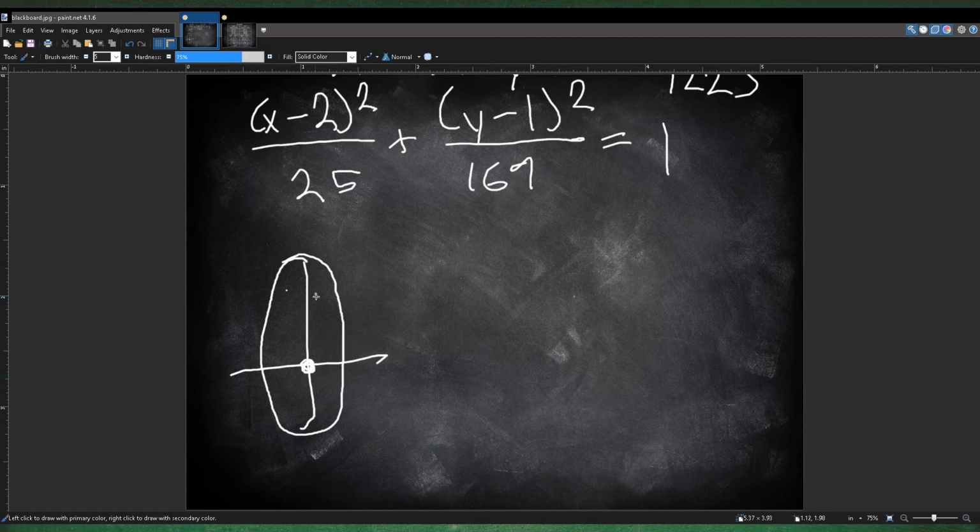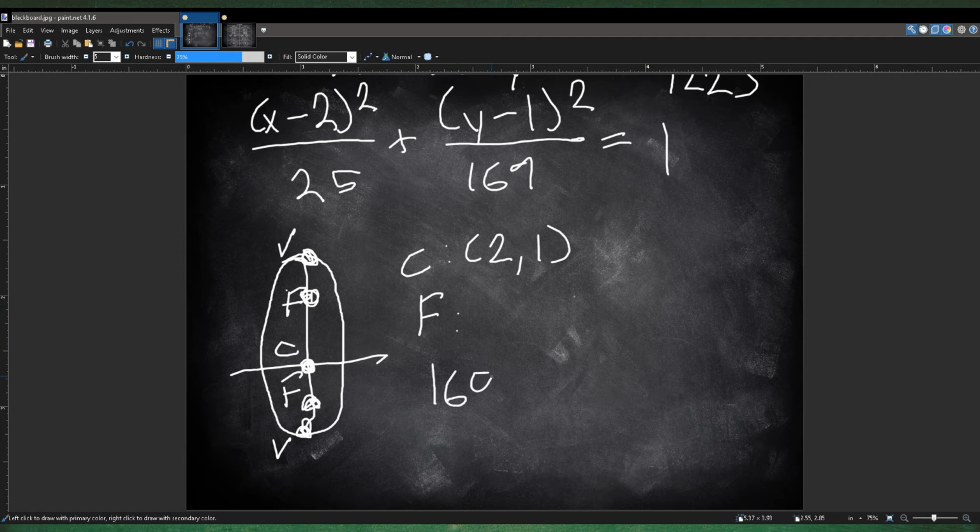And now you just need to find the center, the foci, and the vertices. Okay. So the center, as I said before, is just the x and y right here. So that's 2, 1. That simple. Foci. Okay, so you gotta remember, you got 25, 169.